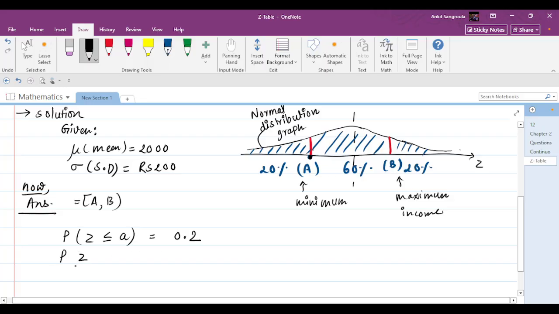So then we can write (x minus 2000) by 200 equals 0.2.